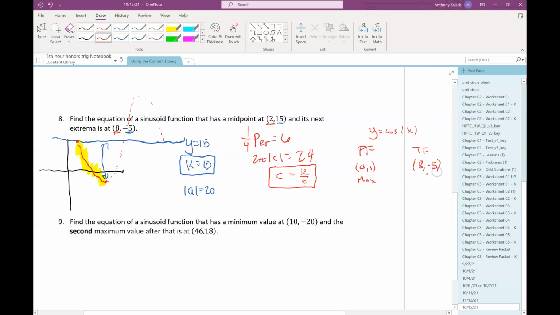So I need to use (8, -5), which from our picture we can tell is a minimum, right? Everybody's okay there? Okay. So we've decided this is cosine because we're going from max to min. That tells us that the A is negative.